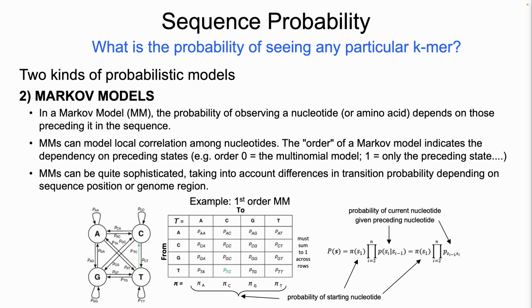If I have a C, am I more likely to get a C right after that? In, say, mammal genomes, if you have a C, you're much more likely to get a G right after it than any other letter, because CG is a methylation site. So especially around gene regulatory regions, you will get an overrepresentation of CG. And so Markov models allow you to build that into your expectation for what a random DNA sequence would generate.